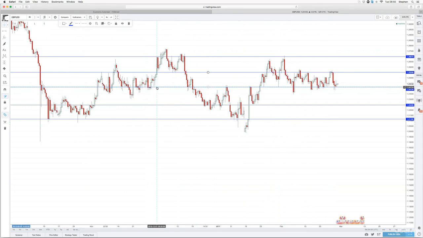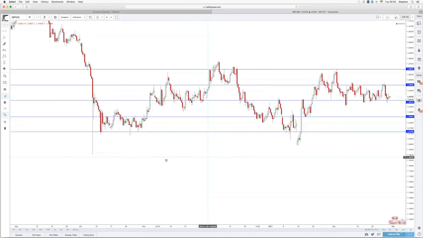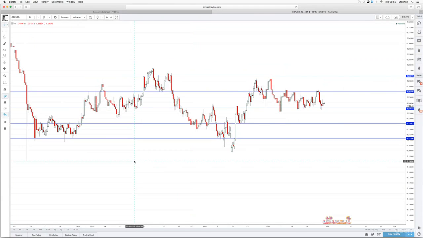So we've roughly just put a few lines on, give or take, only roughly. In fact, I'm going to move that one up there so it's really seeing that support. So these are my points where I'm going to be looking to draw my support and resistance. We've not looked at any wicks. We've not looked at any candles. All we've physically looked at is where price is physically turning.